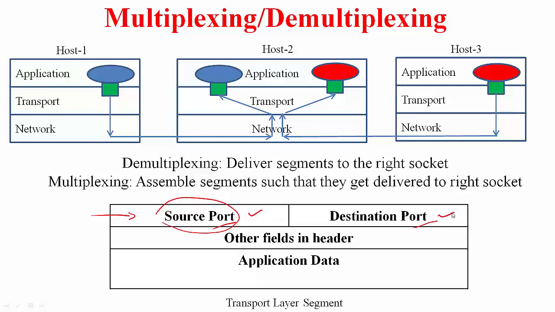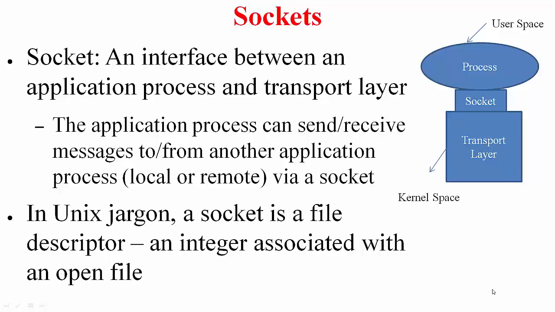So to understand how multiplexing demultiplexing works, it is useful to know how a process interacts with the transport layer. This interaction is via what is called a socket. In Unix, one can view a socket as a file descriptor. Just like when you open a file, you get an integer associated with opening the file, when you open a socket, you get a descriptor corresponding to that particular socket.